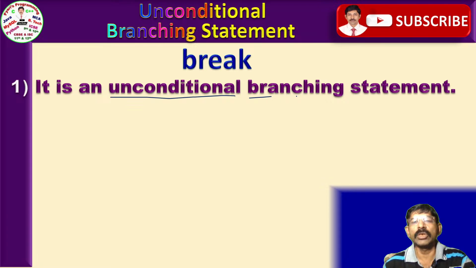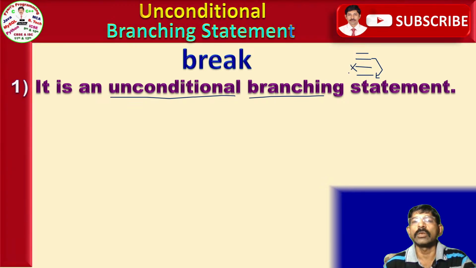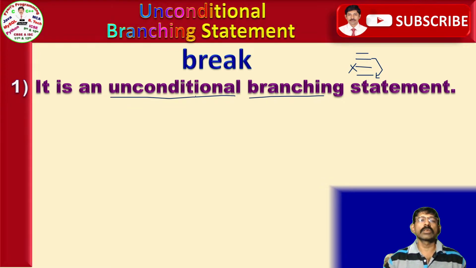What is called branching? Normally, the statements are executed one after another. But if I have any mechanism where without executing this one, it takes the control to this one, it is not executing this one. That is called branching. So that's why it is called unconditional branching statement.